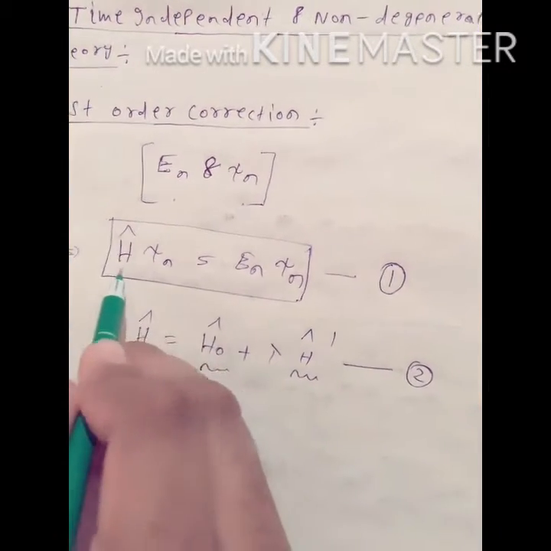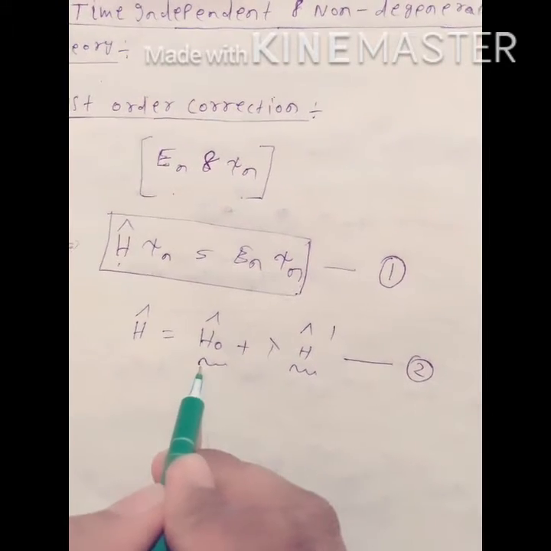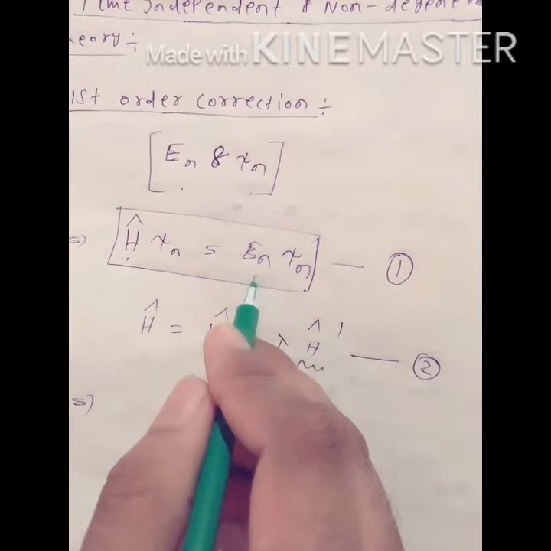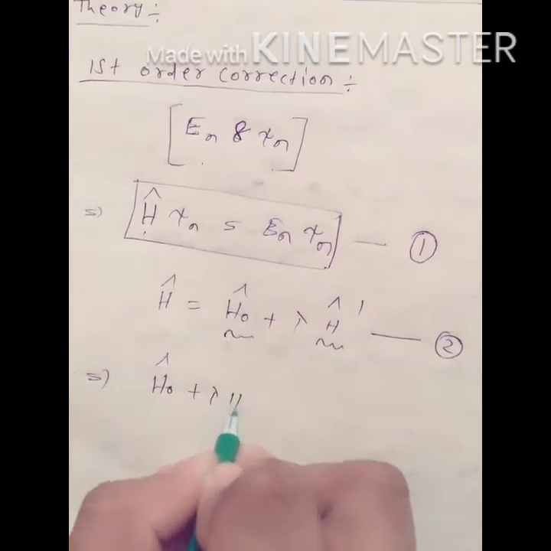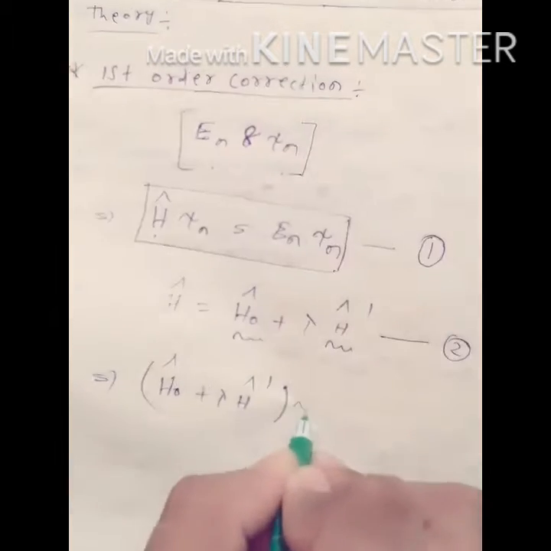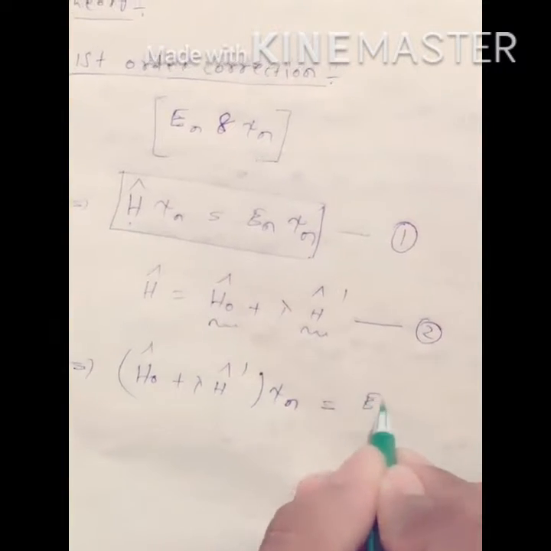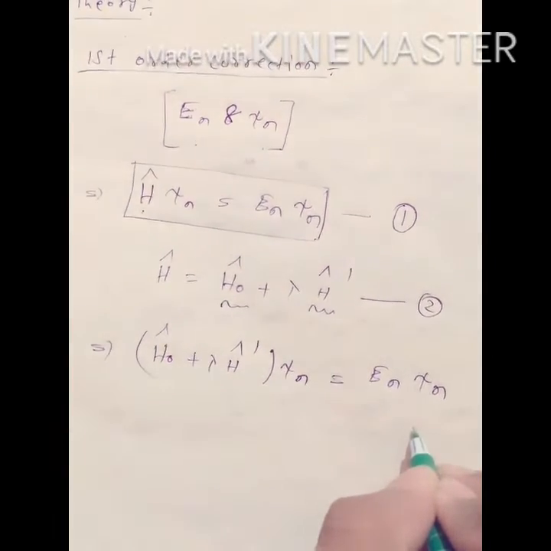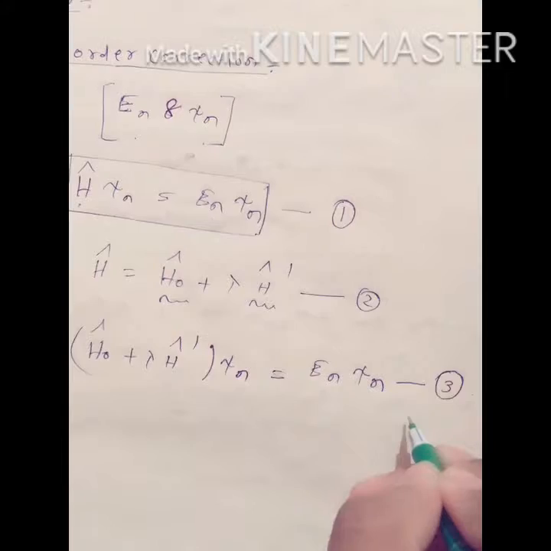Instead of H cap we can write the second equation, so please put it in equation number 1. H naught cap plus lambda H prime operating on the eigenfunction psi n gives the energy eigenvalue En multiplying the same function psi n. This is equation number 3.